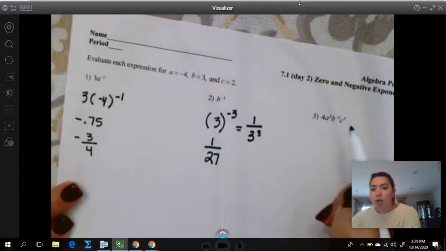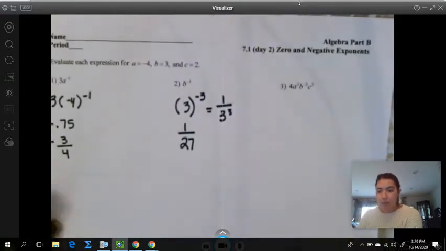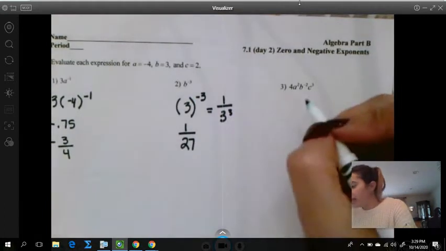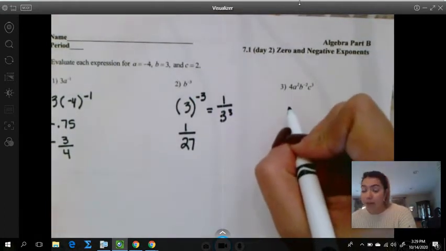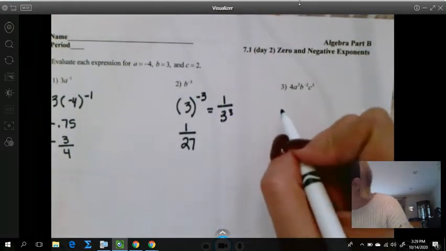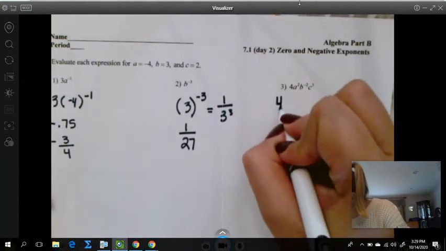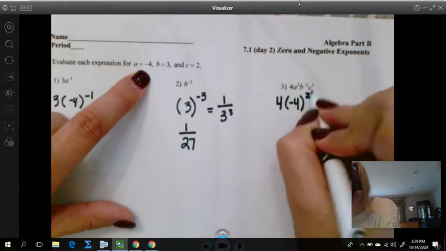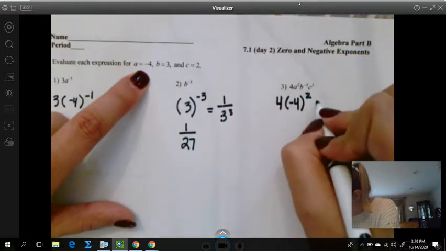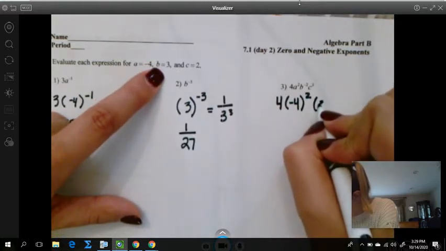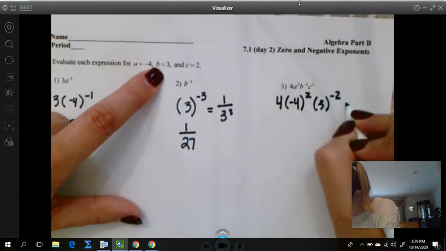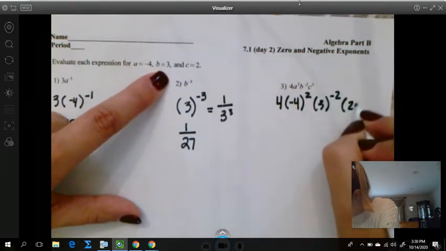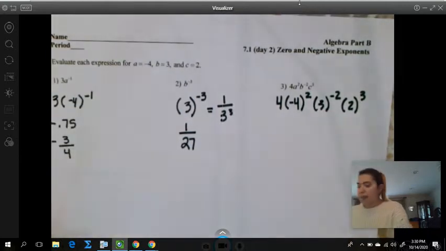Now, when we have some other variables being multiplied with each other, it is always best to remember that we want to use parentheses. So here we have 4 times a, which is -4 to the second power, times b, which is 3, to the negative second power, times c, which is 2, to the third power.